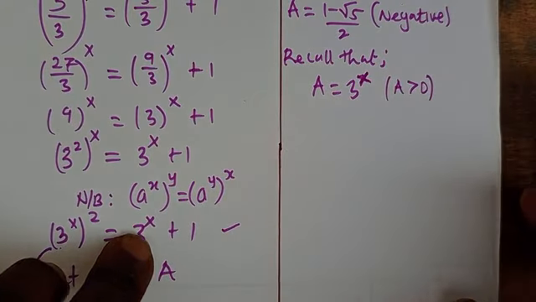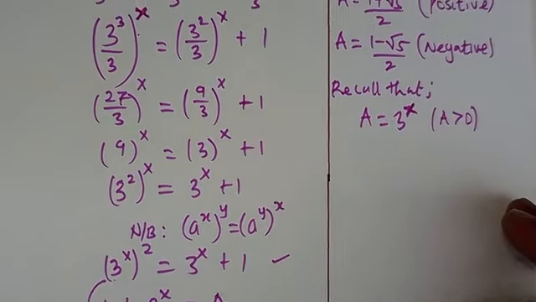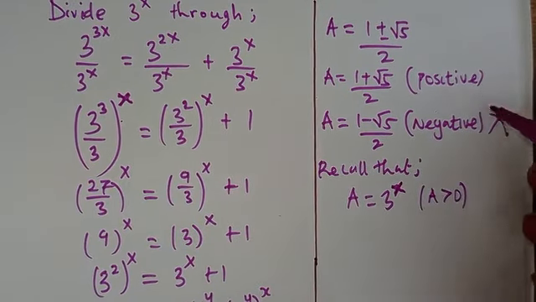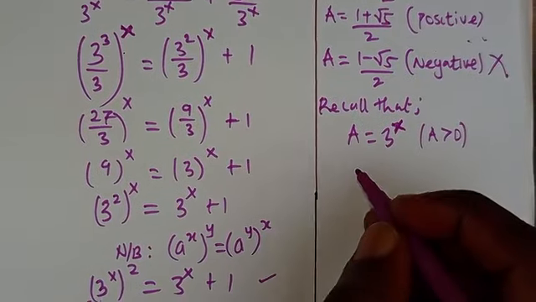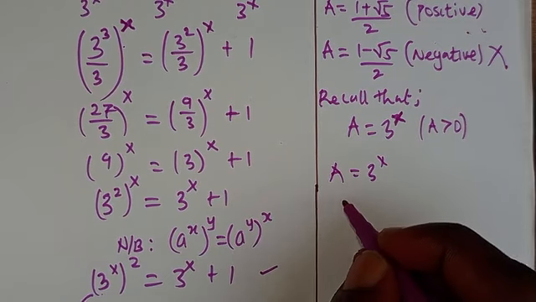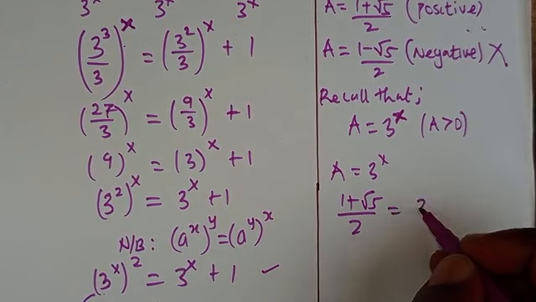That is going to be positive. So therefore the value of a that is negative here will be rejected, and we only pick the one that is positive. So therefore we have a equals 3 to power x. What is a? a is 1 plus root 5 over 2 equals 3 to power x.